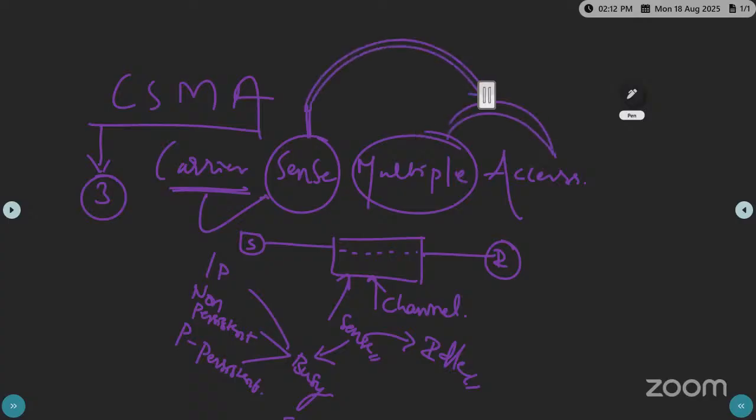Sensing. You need to ask whether the channel is idle. If it is idle, you need to transfer the data. If it is busy, we need to wait.